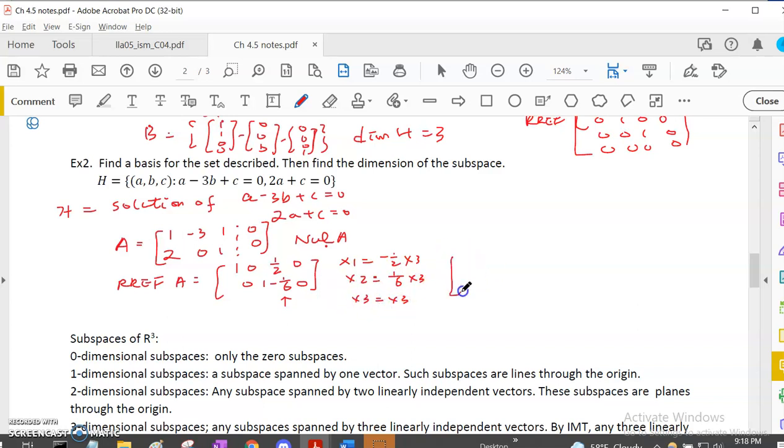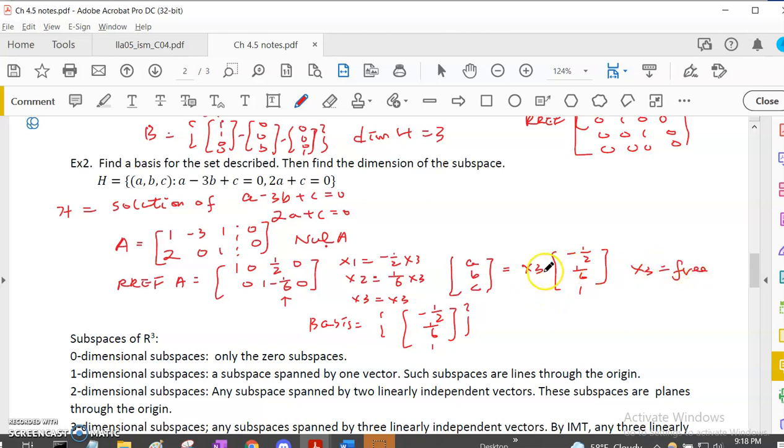So ABC, which is the solution for this, would equal x3 multiplied by -1 half, 1/6, and then 1. So the basis would be this. There's only one vector, so it must be linearly independent, right? So any x3, where x3 is free.